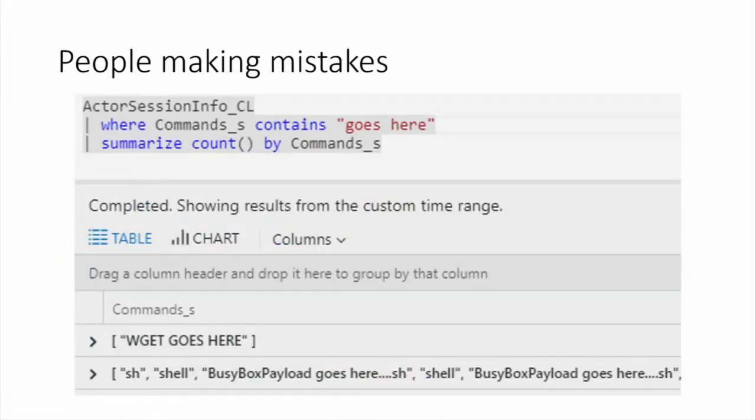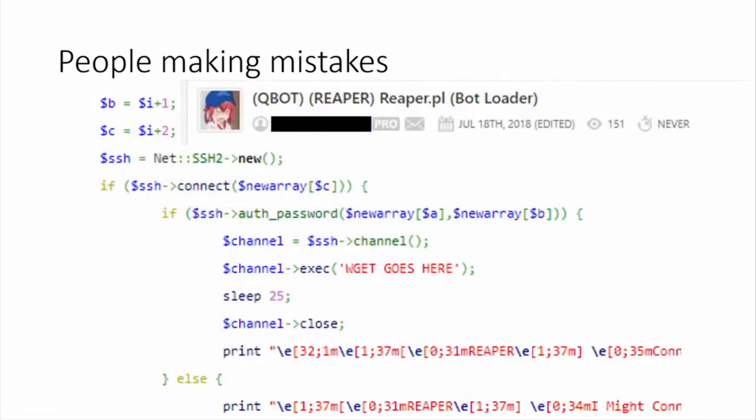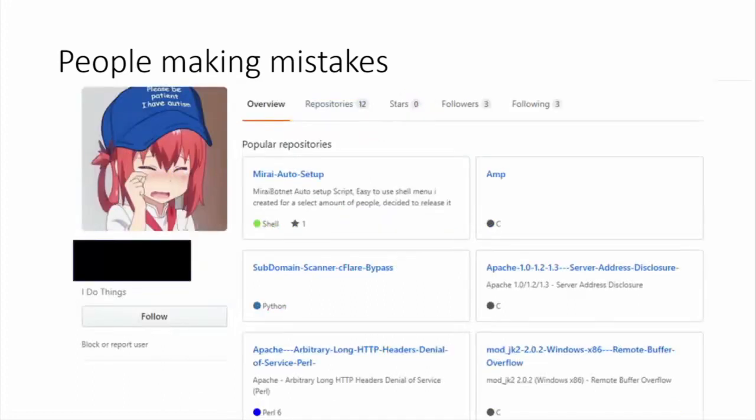There are some other cases of attackers testing their infrastructure. And I didn't even think when I did this query that I'd get anything back. But I got 2 different attackers testing their infrastructure. And then you can go onto your search engine of choice and Google those and find the actual script that was used in that attack. And then you can find the author, and you can track that author back to GitHub.